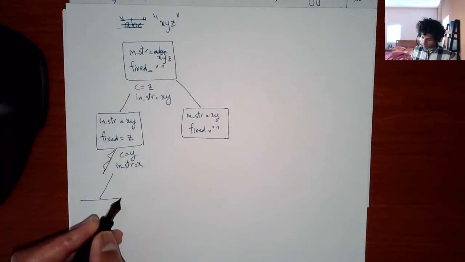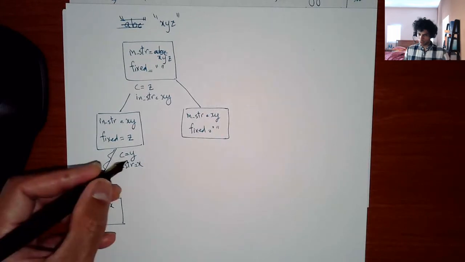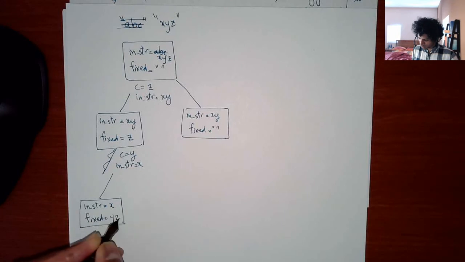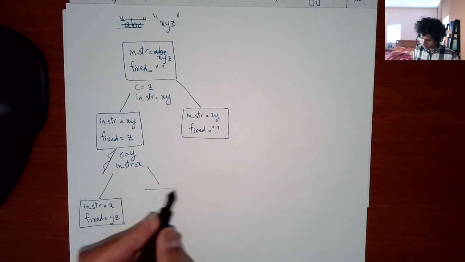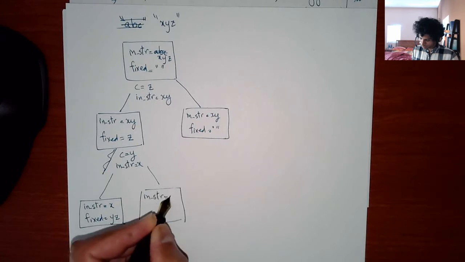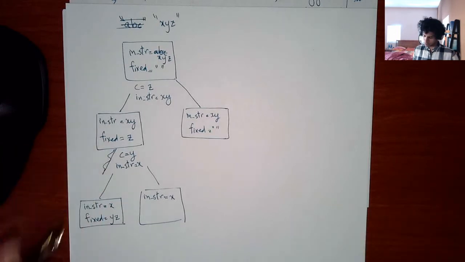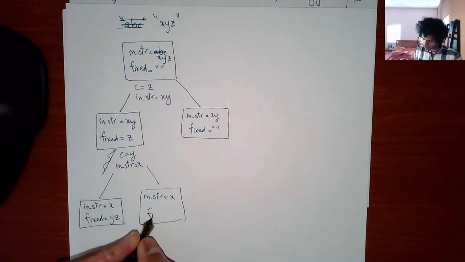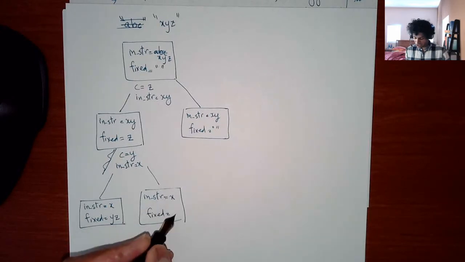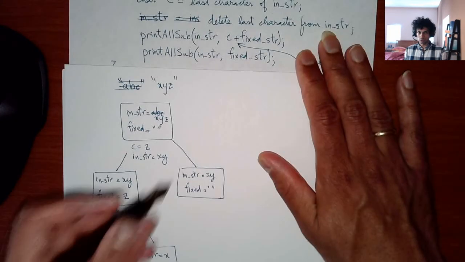If you look at the two recursive calls, the input string now becomes X, and the fixed string becomes YZ. In the other call, the input string is still X, because when you delete the last character, you use that as the input string, but the fixed string becomes Z, because you don't change it, you keep it as is. That's what this call is doing.